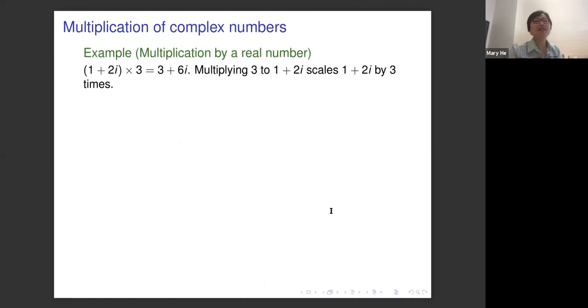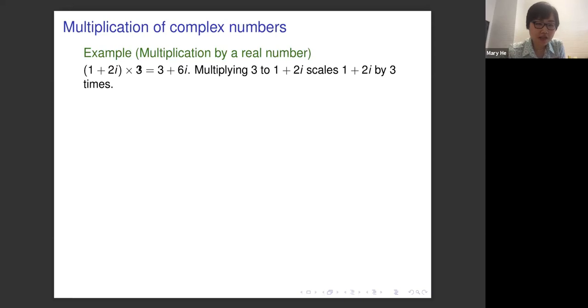Right, so let's see one example. Again, I want to show you how multiplication works through pictures. So the first example is I want to multiply my favorite complex number 1 plus 2i by a real number, right? So remember 3 is also a complex number. So the imaginary part, the y part, equals 0.